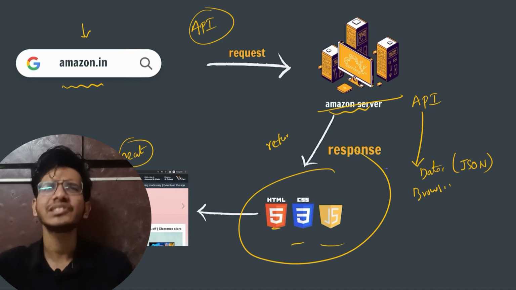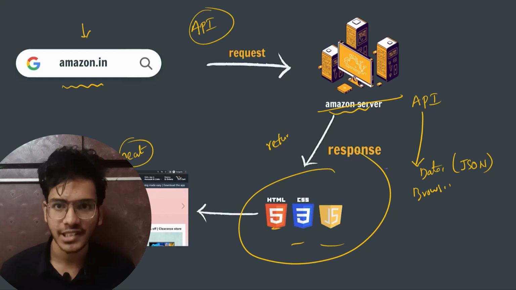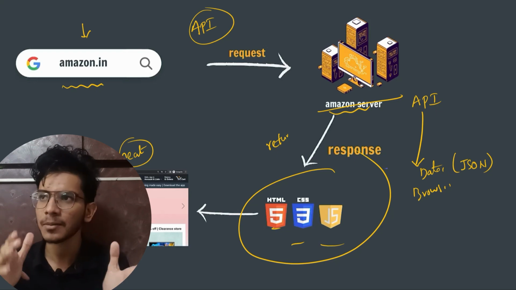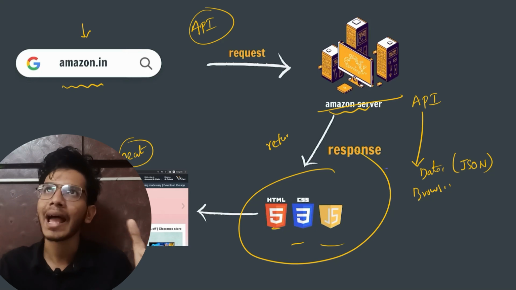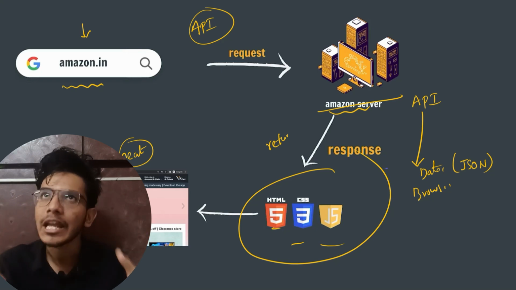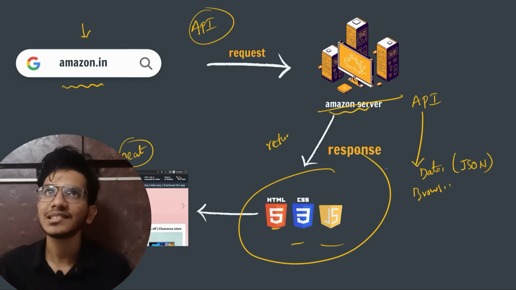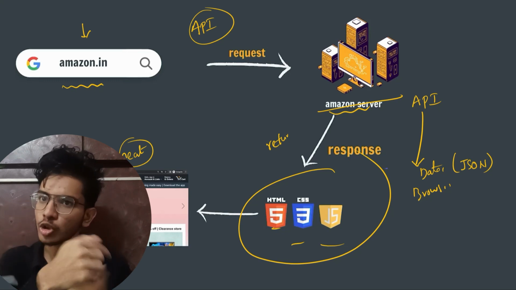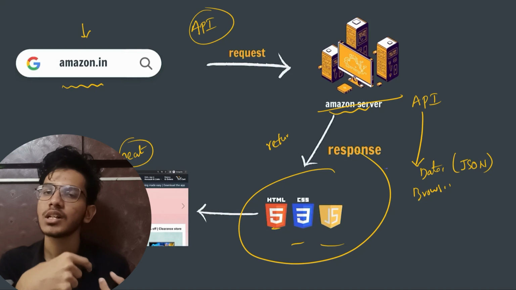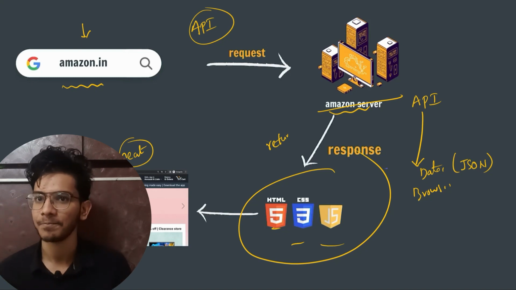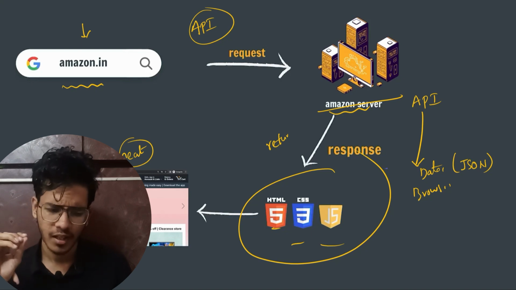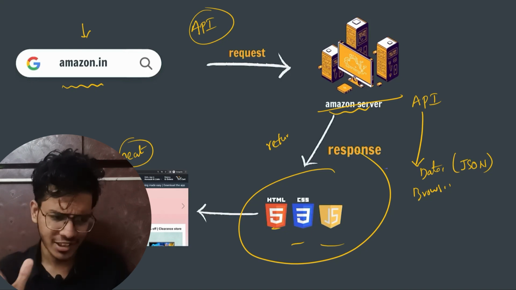Now imagine a scenario where we don't have servers, and in their place we have something called an API, and that API, based on the request, gives me some data. This is known as the working of an API, or the request response cycle of an API.